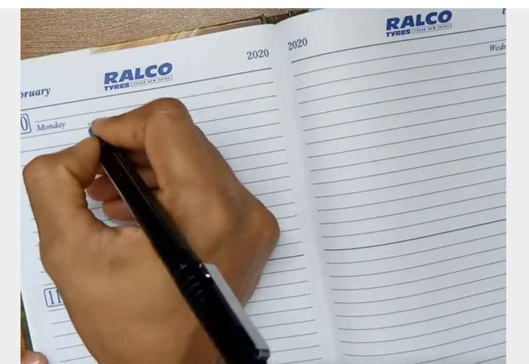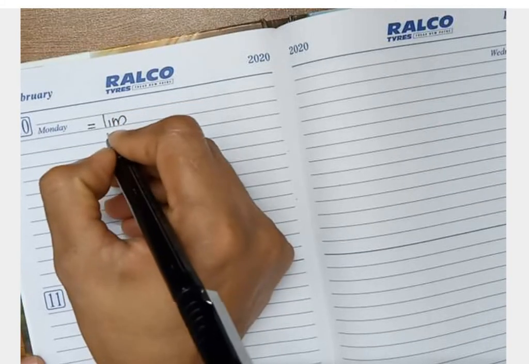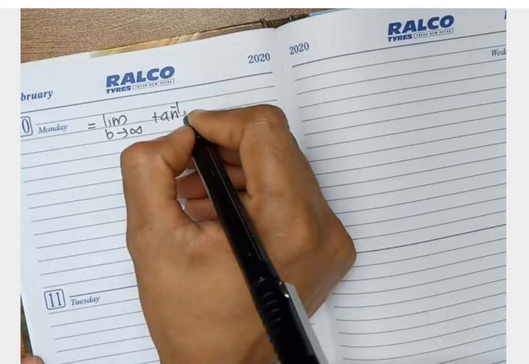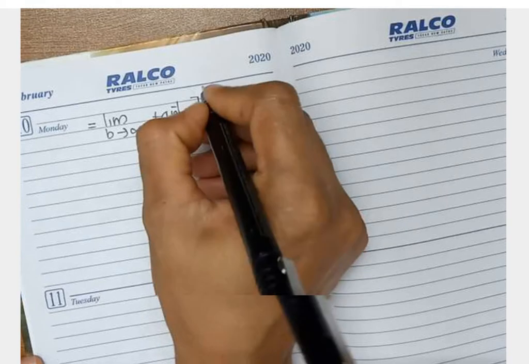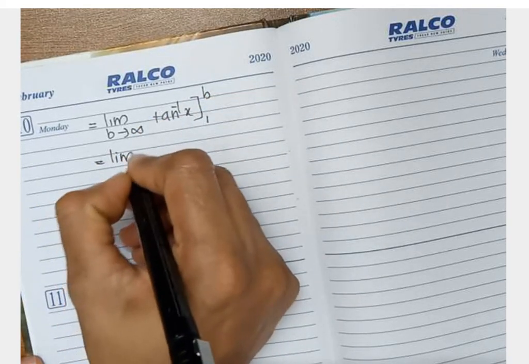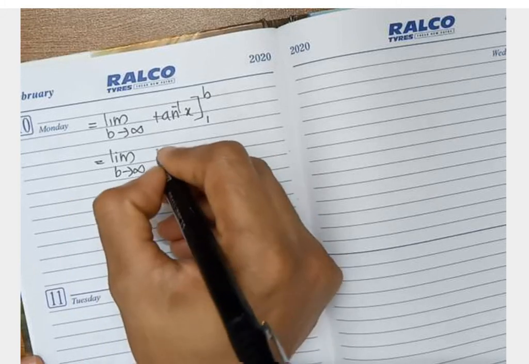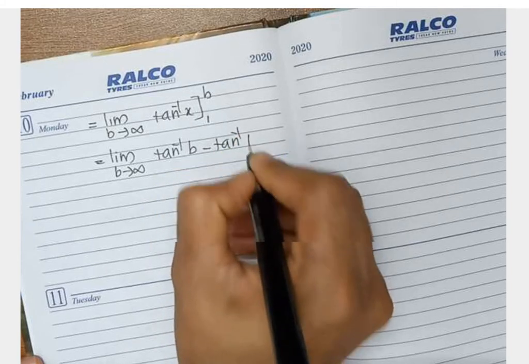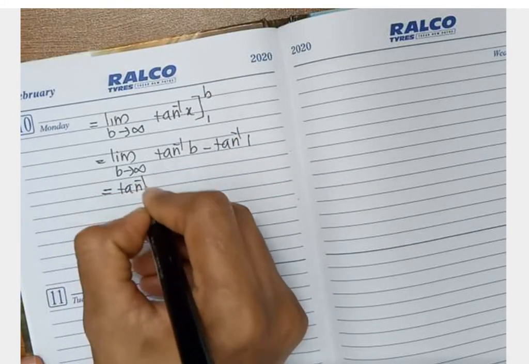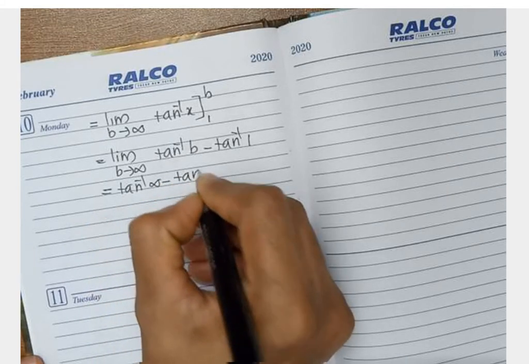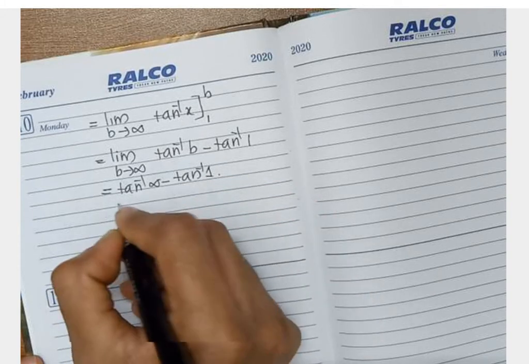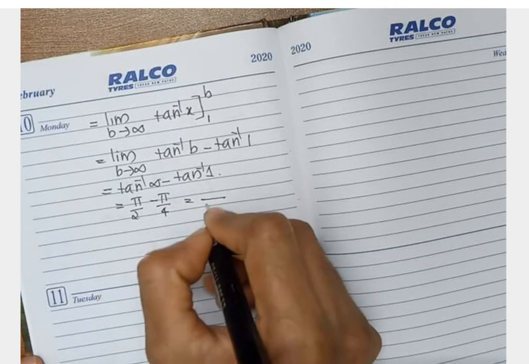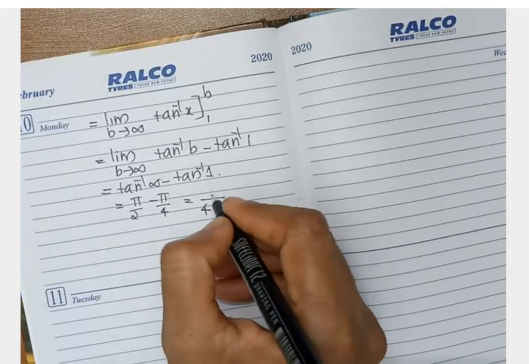This is the limit as b tends to infinity of tan inverse x, x varying from 1 to b. It is equal to tan inverse b minus tan inverse 1, which is tan inverse infinity minus tan inverse 1, which is pi by 2 minus pi by 4, that is pi by 4.